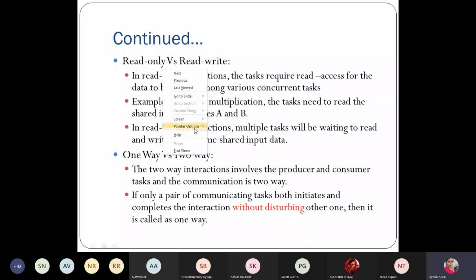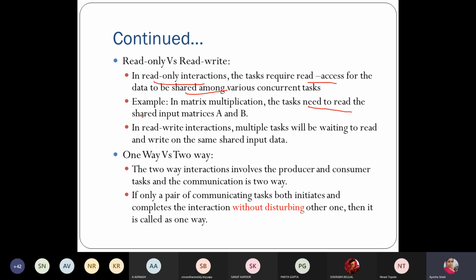Then another classification is read only and read write. In a read only interaction, the tasks require read access to data shared among concurrent tasks. For example, in matrix multiplication, the tasks need to read the shared input matrices A and B. Coming to read and write interactions, multiple tasks will be waiting to read and write on the same shared data.